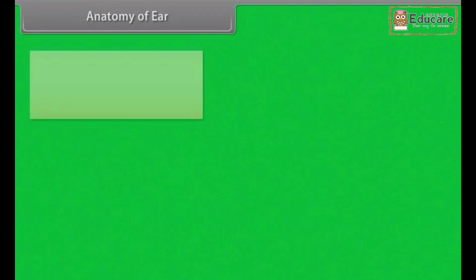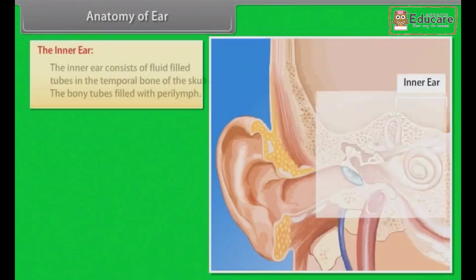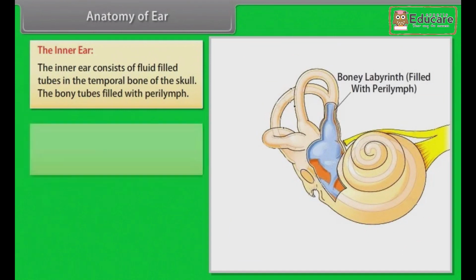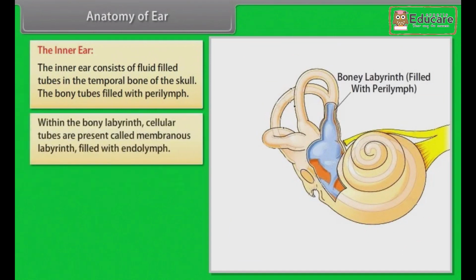Anatomy of the ear. The inner ear. The inner ear consists of fluid-filled tubes in the temporal bone of the skull. Within the bony labyrinth, filled with perilymph, cellular tubes are present, called the membranous labyrinth, filled with endolymph.